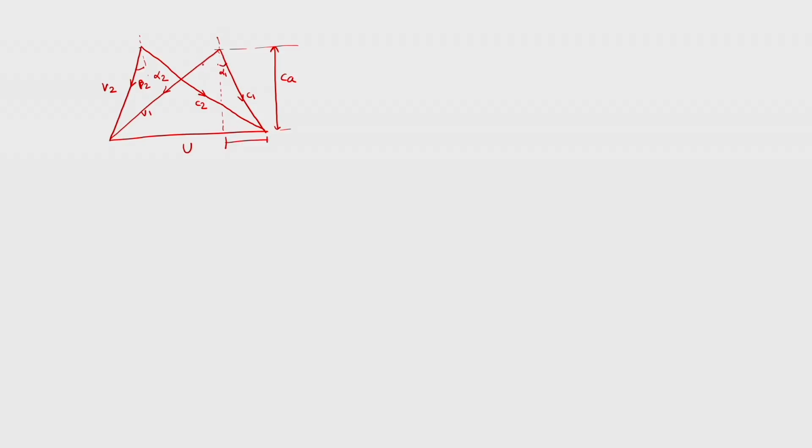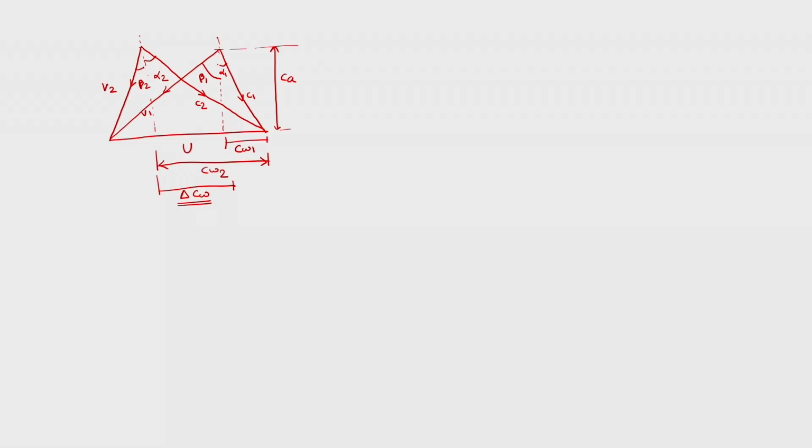This is alpha 1 and this is beta 1, and this is beta 2 and this is alpha 2. Okay. So this is CW1 and then this is CW2. So we have this difference as delta CW, which is required for us for further calculation.